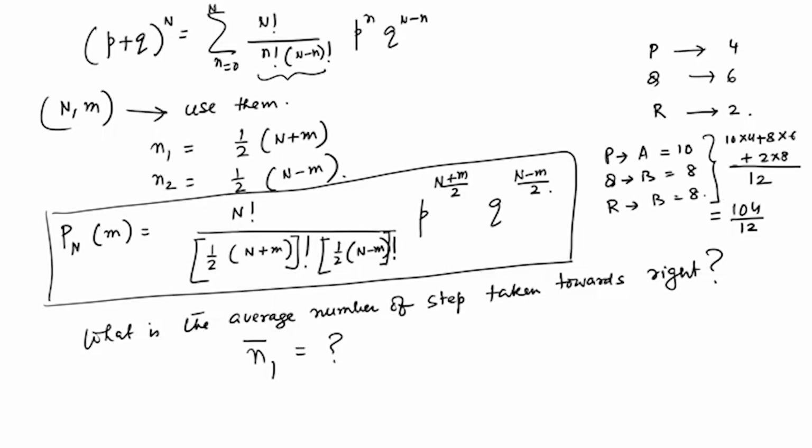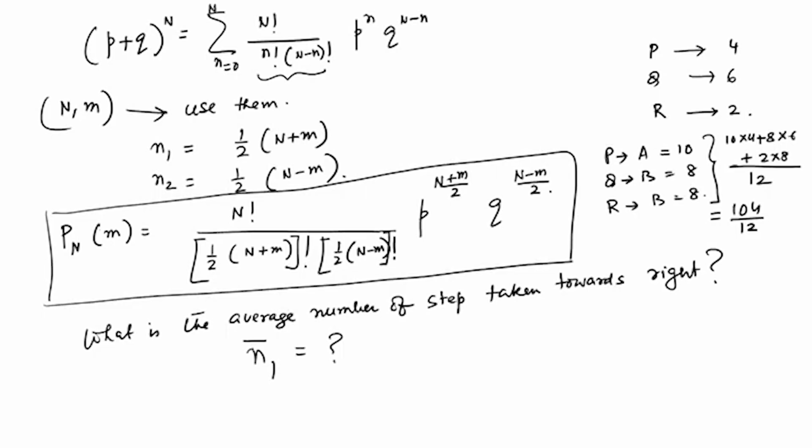So, we are asking this question, what is the average number of steps taken towards the right, which we know is n1, he has taken n1 steps towards the right. So, the average of n1 is n1 bar, and the probability distribution, which is analogous to the credit of the course, is given by this boxed expression, which is P of n m.